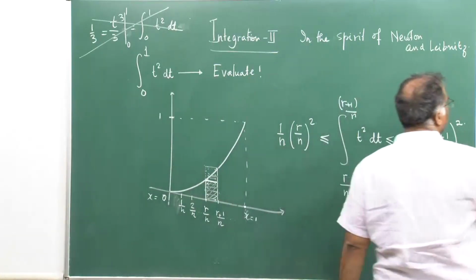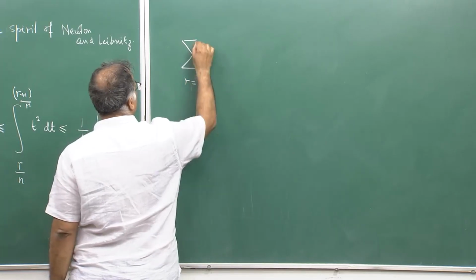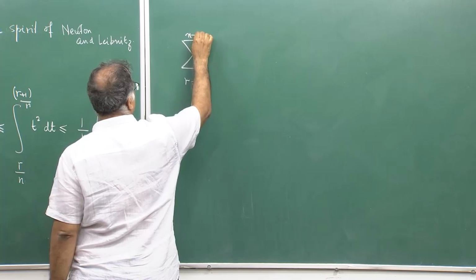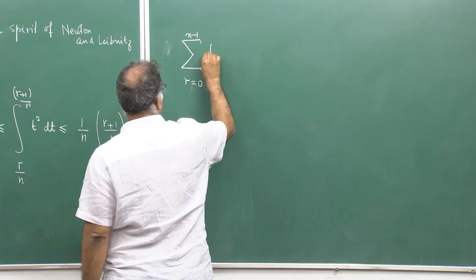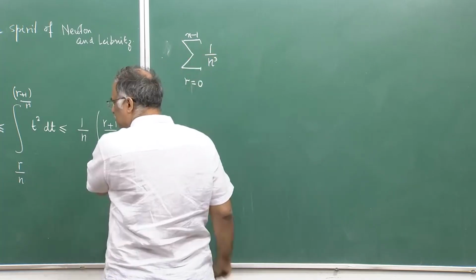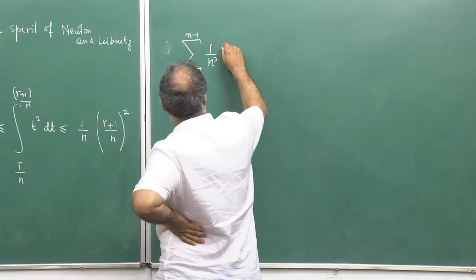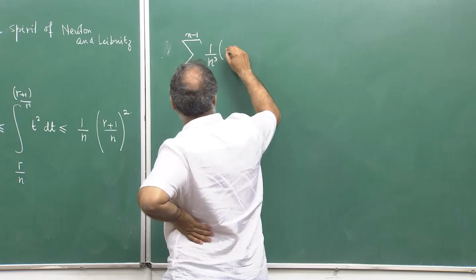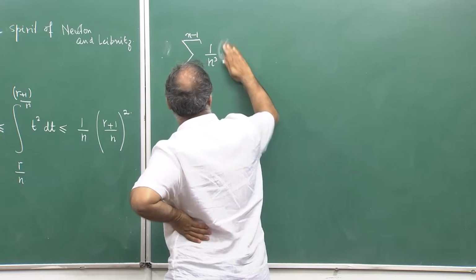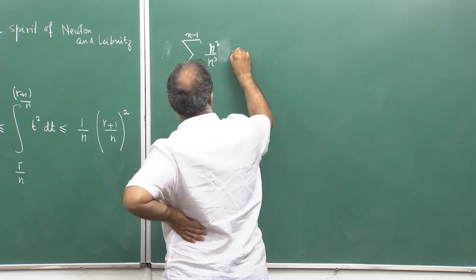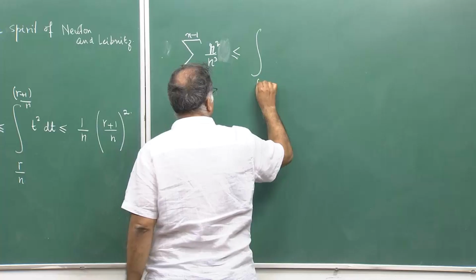So, basically I will have the summation r equal to 0 to n minus 1 of r square by n cube, and this is less than or equal to the whole area, so it is the integral.